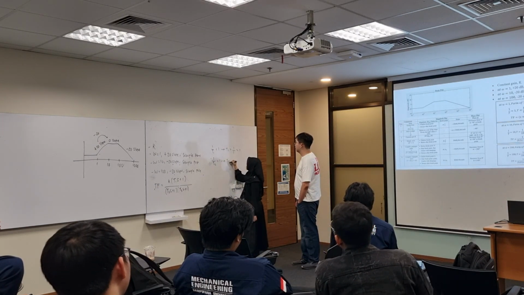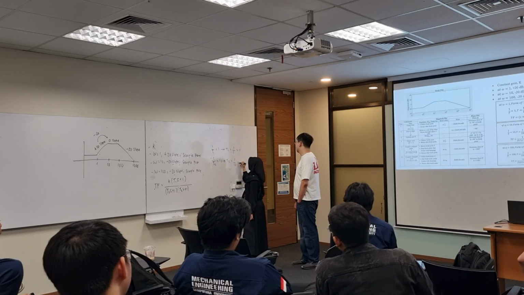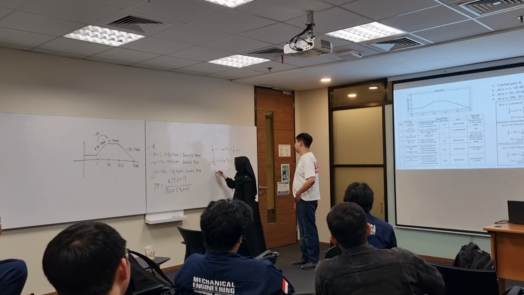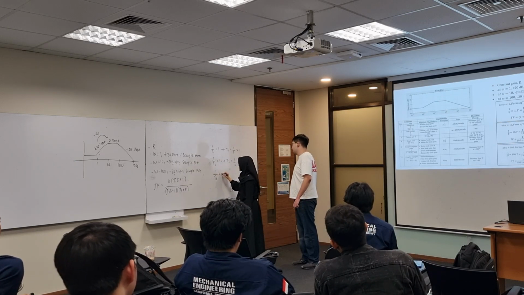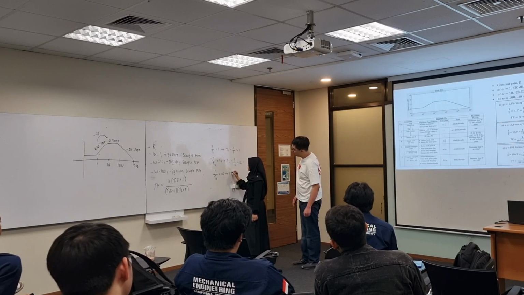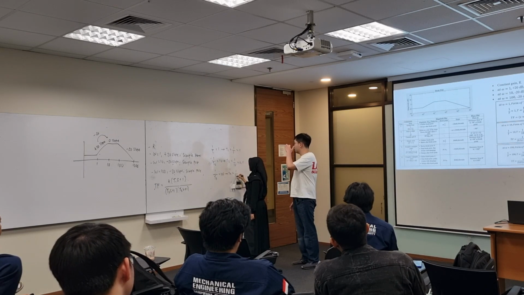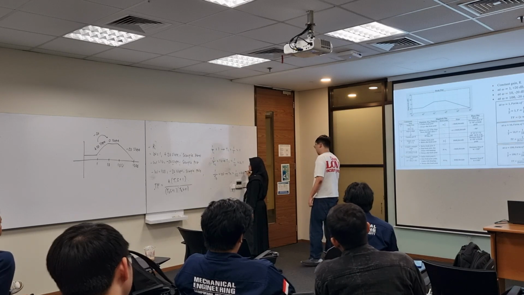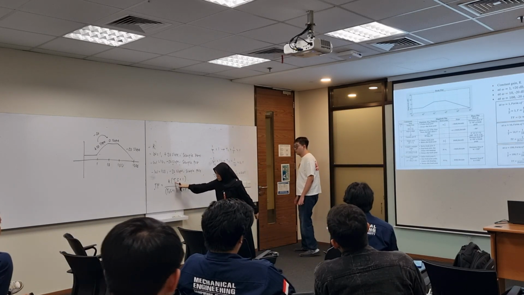For T2, 1 over T2 is 10, so T2 is 0.1. And for T3, 1 over T3 is 100, so T3 is 0.01. Then you plug it here.